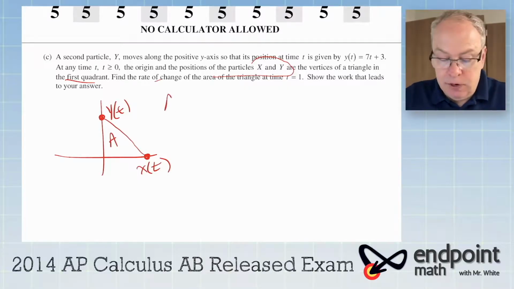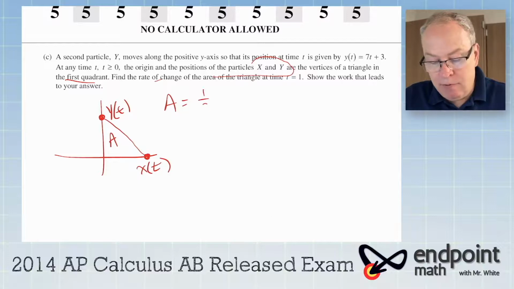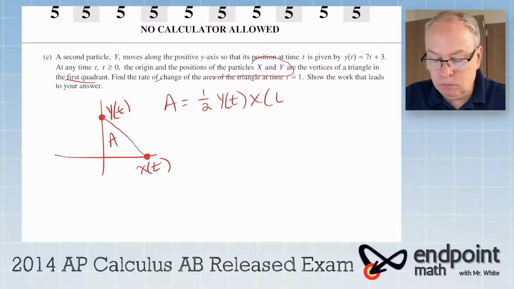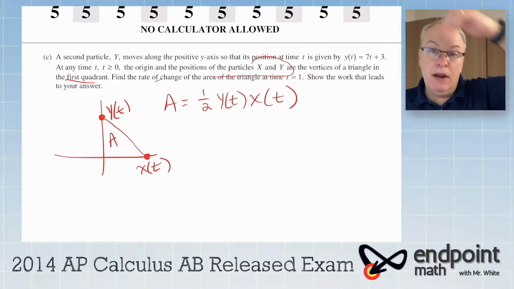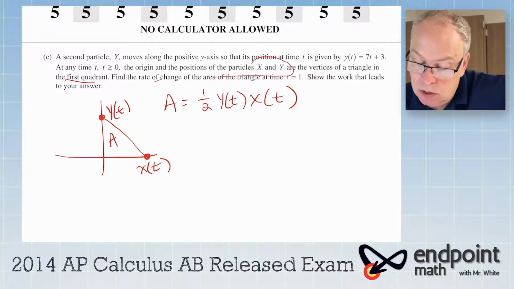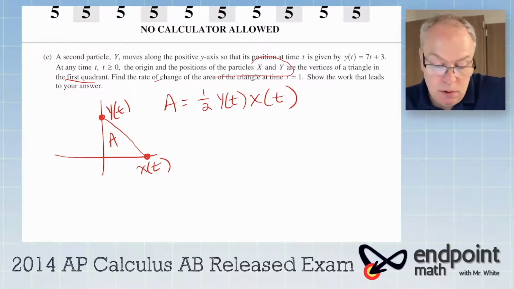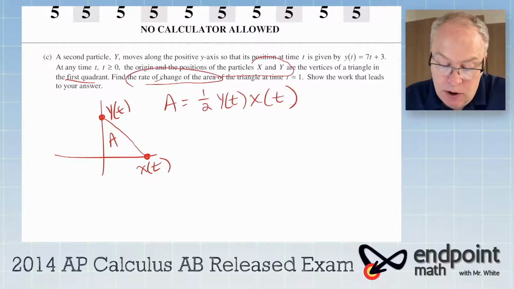So the area of a triangle would be 1/2 base times height. We have to find the rate of change of the area.